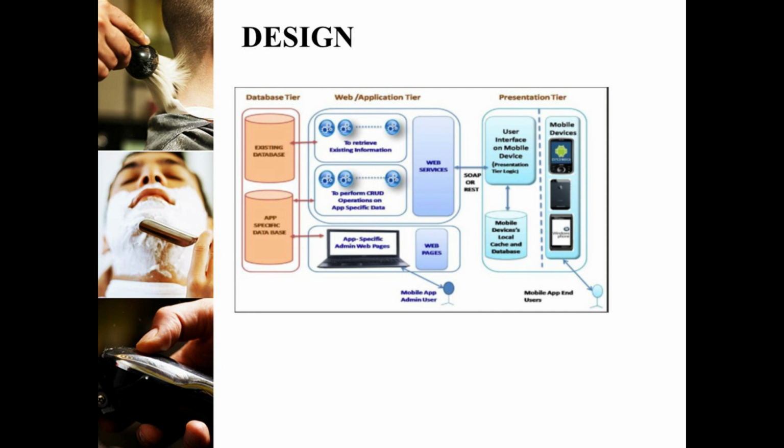So how does this application work? In the overall system architecture, which is three-tier, the first thing is the presentation tier, which is the user interface on the mobile device. It will contact the admin, which is the web application tier.